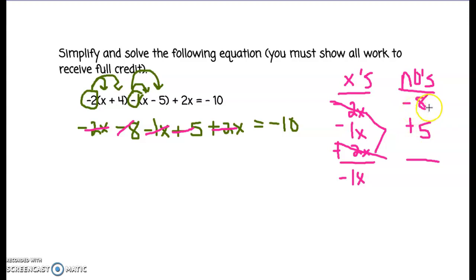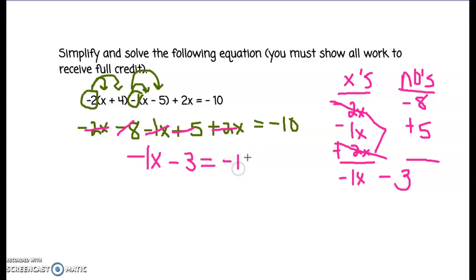I know I have more negatives than positives because I have 8 negatives and 5 positives. So then I write my negative sign down here. How many more negatives do I have than positives? Well, I have 3 more negatives than positives. So this now is this entire left-hand side simplified. So I'm going to write -1x minus 3 equals -10.